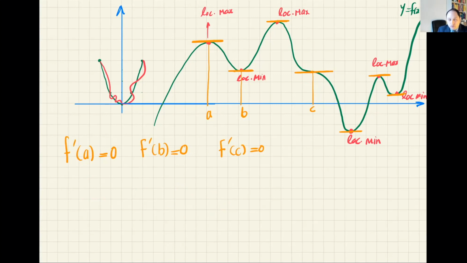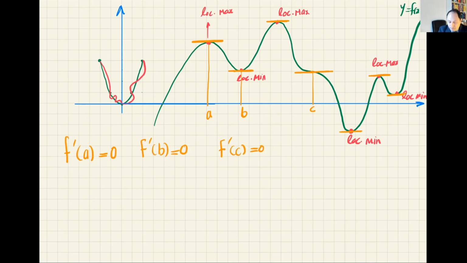So my goal is to be able to find the turning points. Why? Because turning points are important if I want to draw the graph of my function. So the first question is: is it possible to locate these points using only the rule of my function, which is the only information available regarding a function?